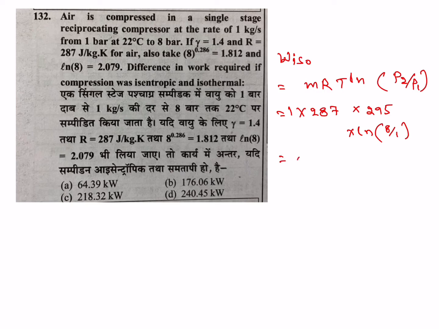Then ln 8 value is given, 287 into 295 into ln 8, how much? ln 8 is 2.079.